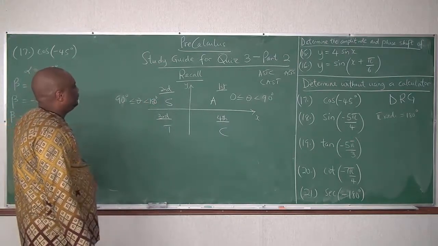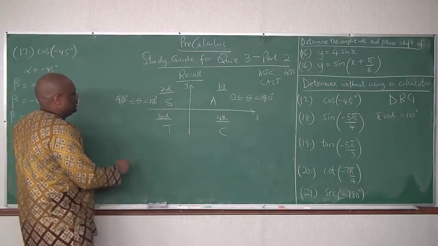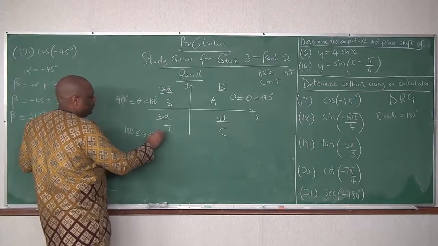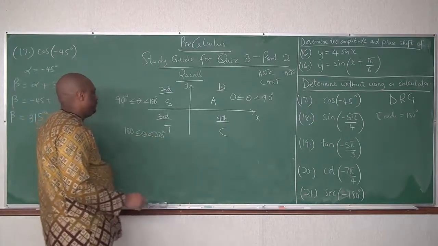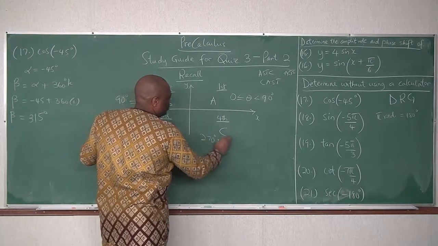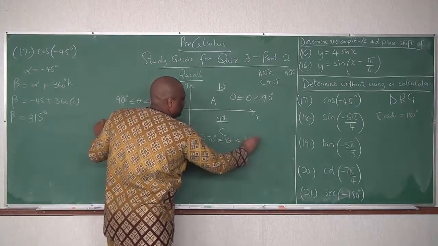The third quadrant here is 180 degrees less than or equal to theta less than 270 degrees. And the fourth quadrant is 270 degrees less than or equal to theta less than 360 degrees.